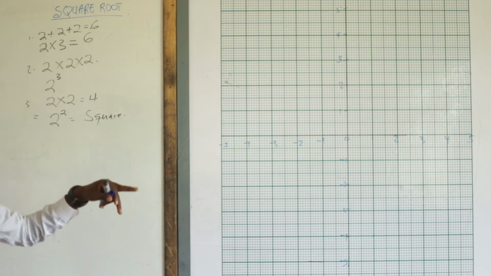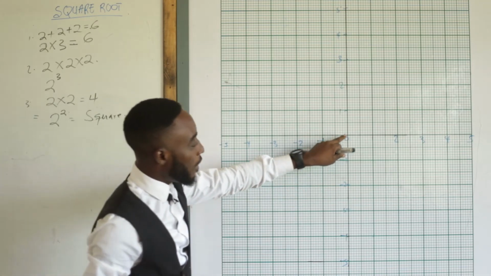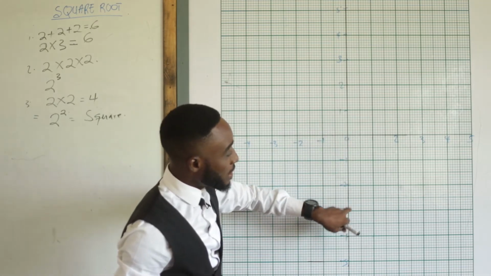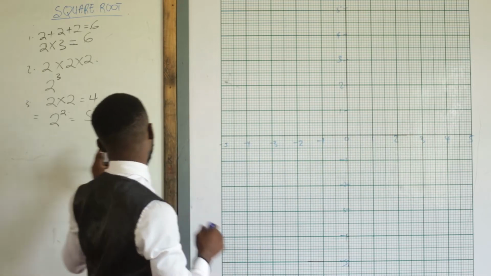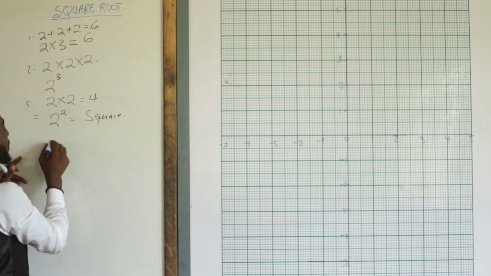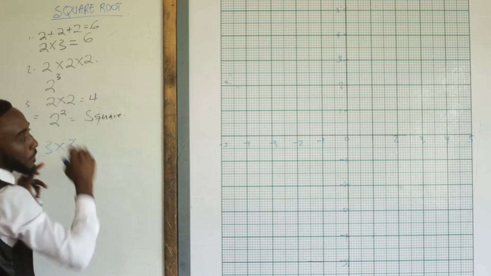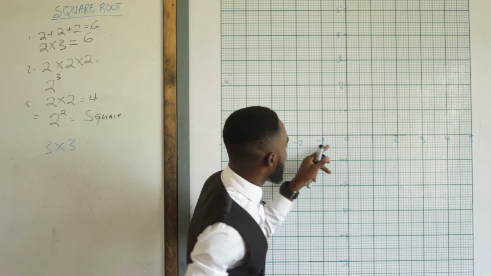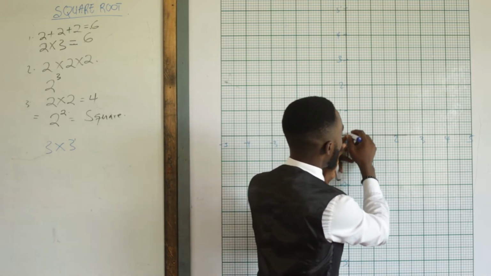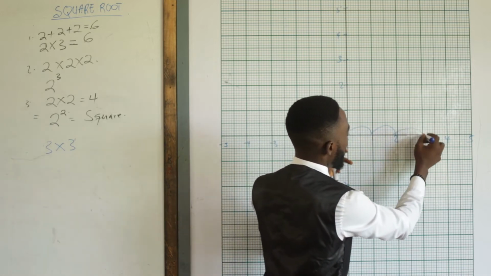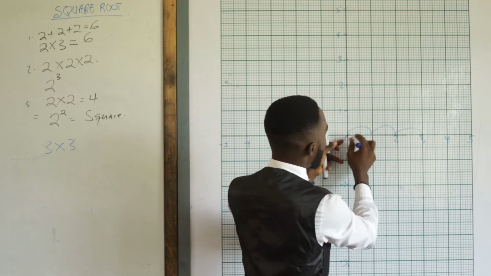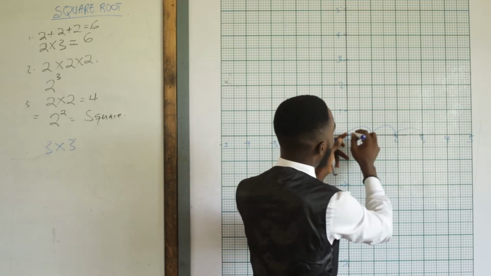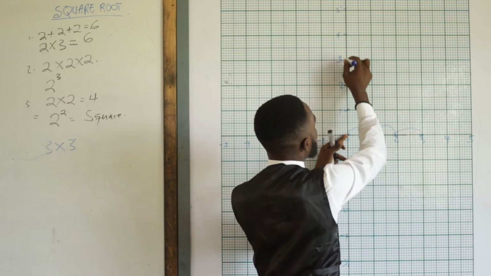To form a square, the number of times we are moving down should be the same as the number of times we are moving in this other direction. So we should have, let's say, 3 times 3. We are moving 3 times here, 1, 2, 3, and then we are moving upwards, 1, 2, 3.